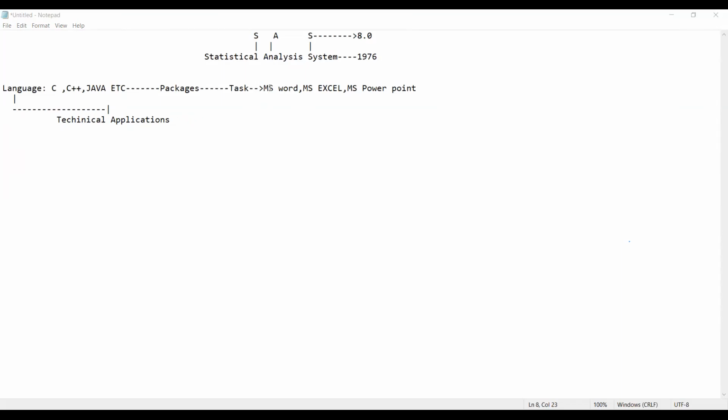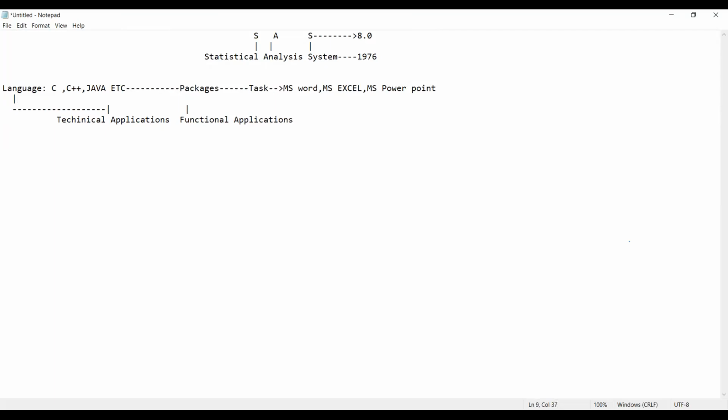So we can say that all the packages are called functional applications. All the languages are technical applications, and all the packages are functional applications.